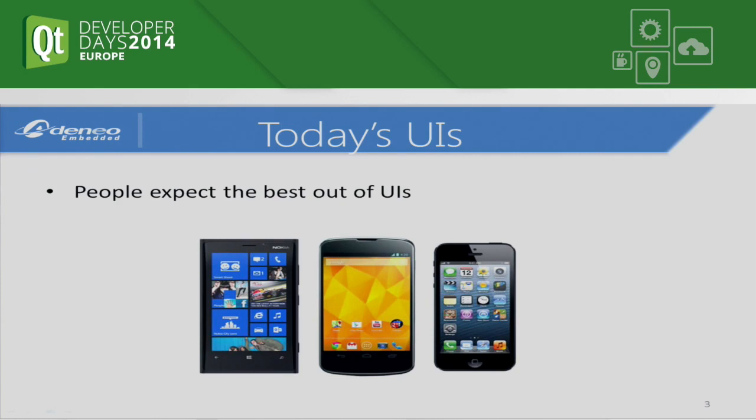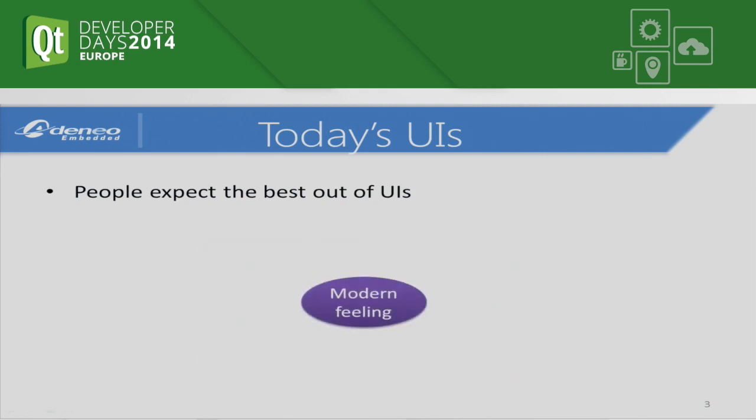I will not name anyone, but one of these three, which represents a really modern user interface, something you will quickly be able to use. And so that's what I call the modern feeling. So it's really vague right now. So it's achieving the look and feel you have on this kind of devices.